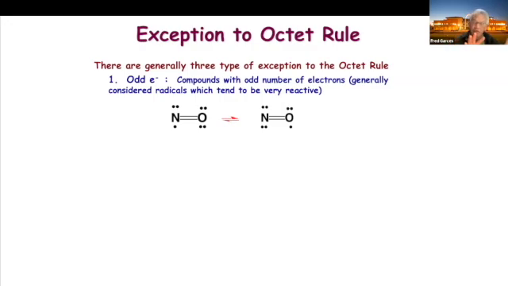We got 11 originally from NO. The minus makes it 12. 12 is an even number. It would obey the Octet Rule. Okay. But if you count and the chemical has an odd number of electrons based on the charge overall, it's not going to obey the octet rule. Try as you may, it will never obey the octet rule.